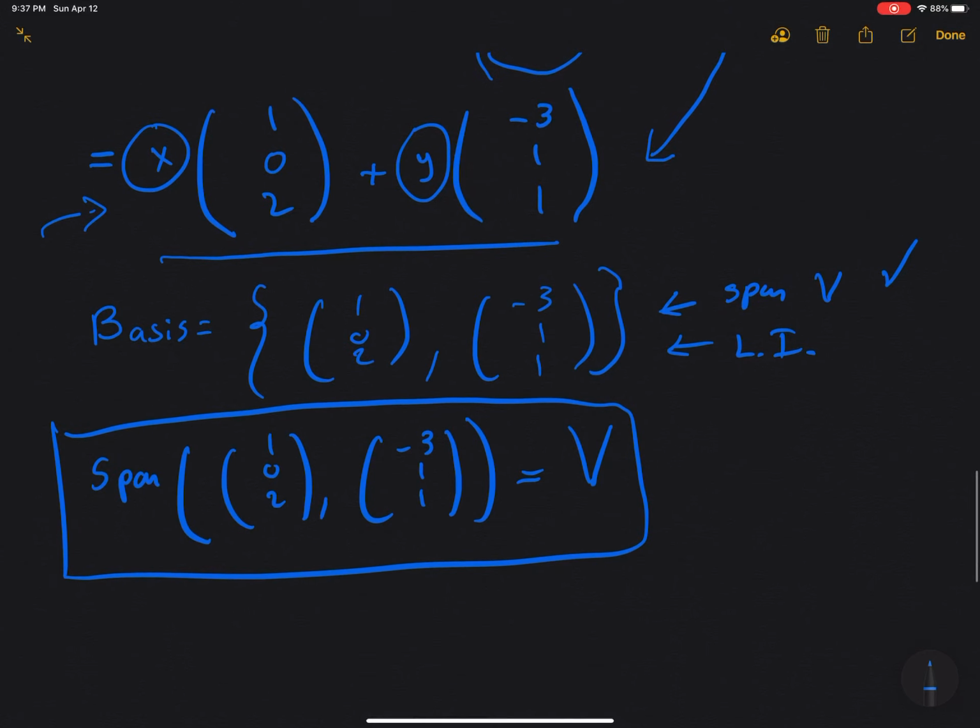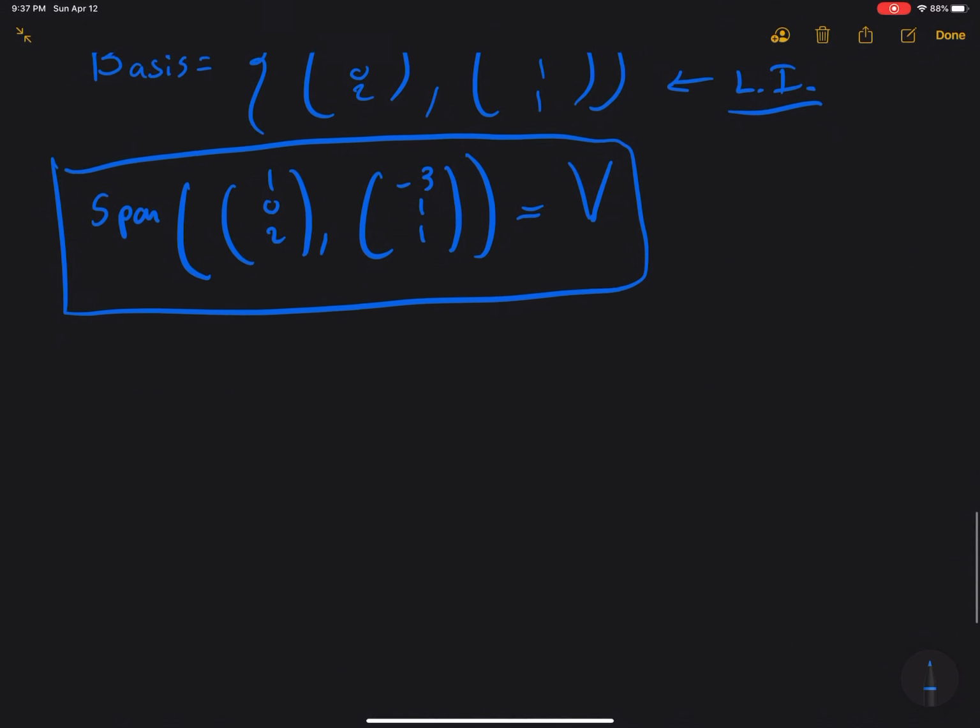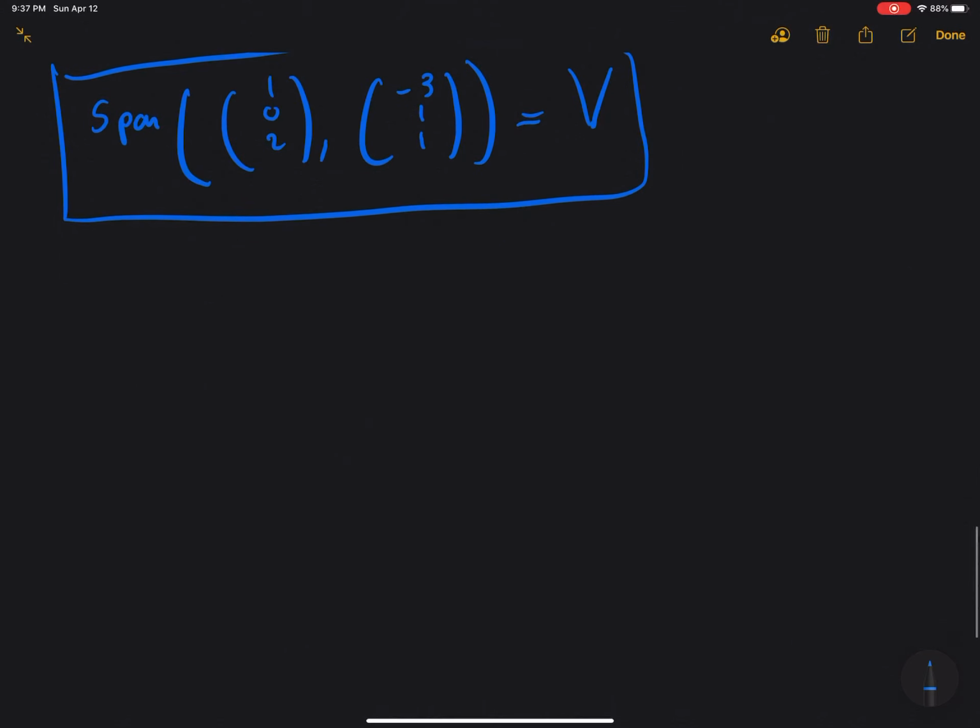Then the second thing that I need to show is that these two vectors are linearly independent. And this one is also easy to see, because since I have just two vectors, in order to see if they're linearly independent or not, I would have to check if the secular equation has non-trivial solutions.